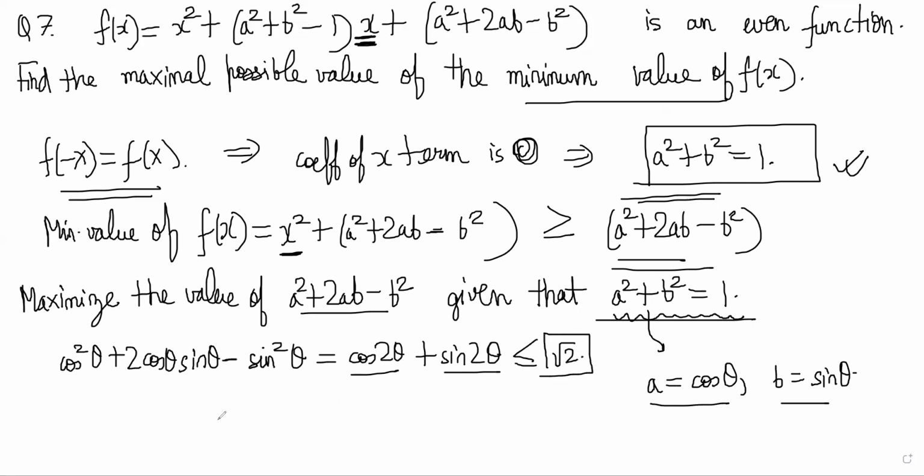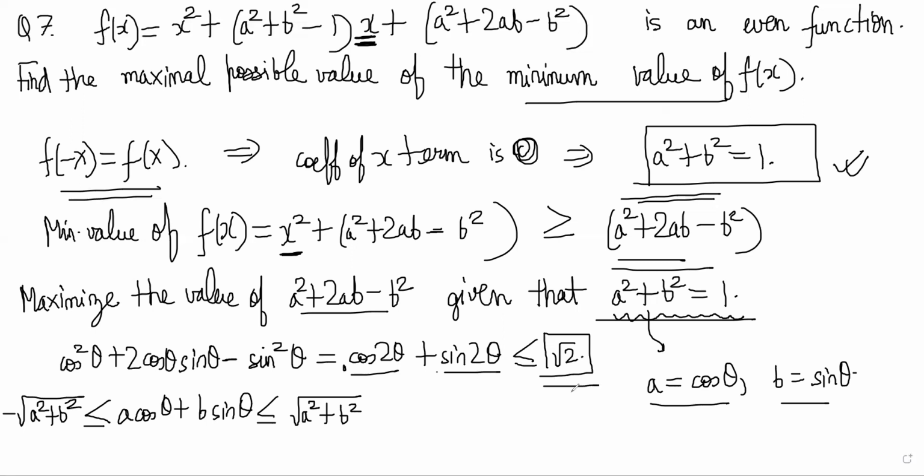Why is this less than or equal to root 2? Because we have some standard theory of trigonometry. If a cos theta plus b sin theta is my function, then that will always lie between minus root over a square plus b square and plus root over a square plus b square. Here, a and b are 1 and 1. 1 cos 2 theta plus 1 sin 2 theta will always be less than or equal to root 2, right?